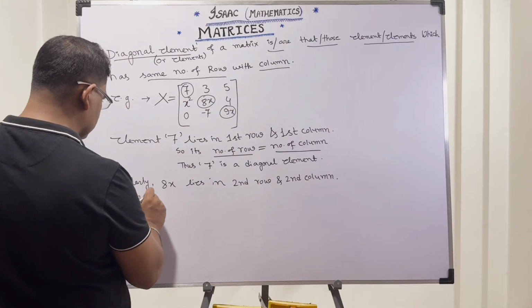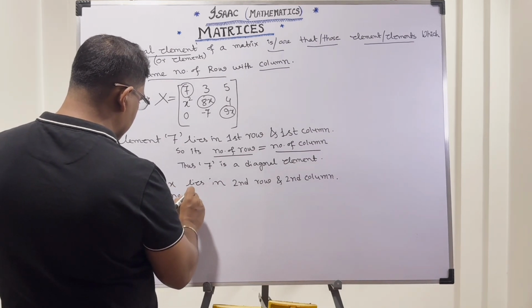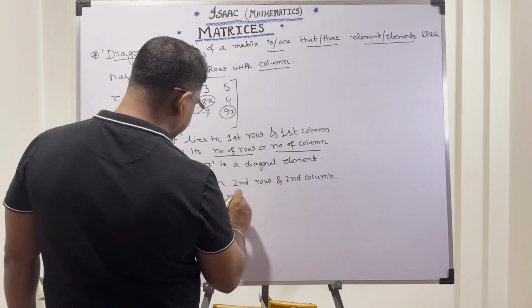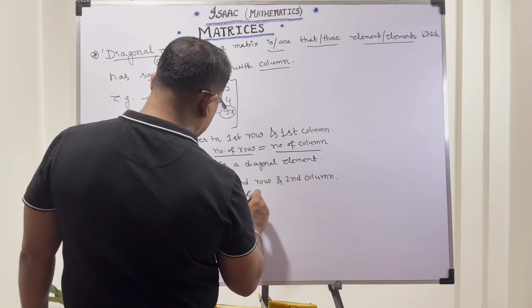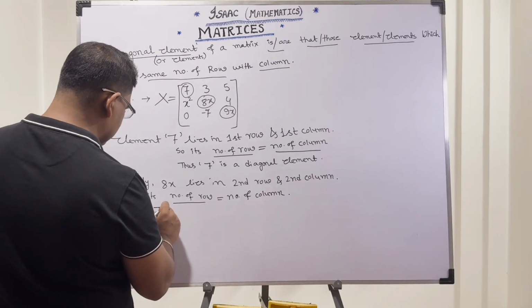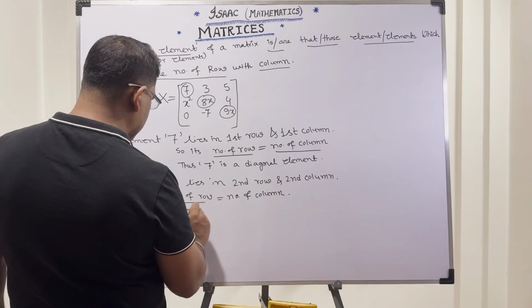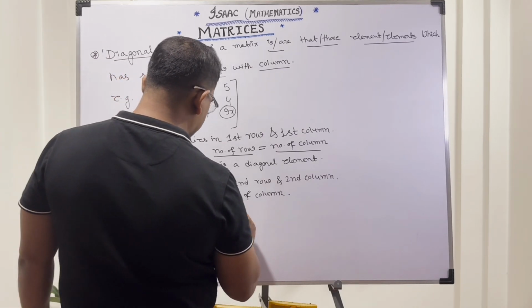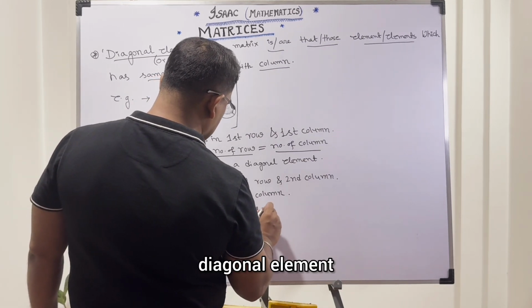So its number of row equals the number of column. Thus 8x is a diagonal element.